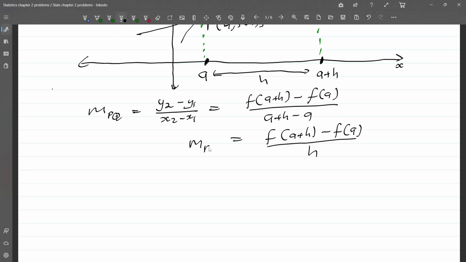This is m PQ, the gradient of the line that passes through point P and point Q.